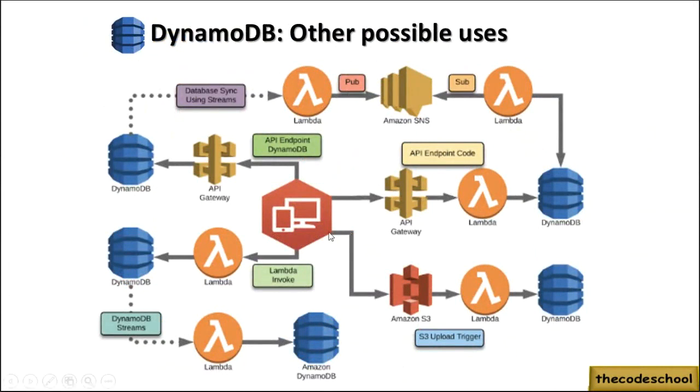So one of the use cases at the right hand side down, the client can trigger the upload, which can trigger an event internally in the S3, and that can be further used to invoke the Lambda function, which can interact with the database for doing the operations like read, write, or delete, update, right? Such operations can be performed using this flow.